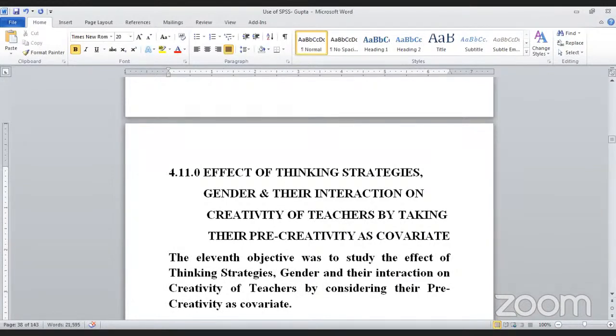Now, cognitive research trust, and you can say traditional or lecture method, whatever you like. Will you like the lecture? Because in the control group, there was no treatment given. It's the routine activity.